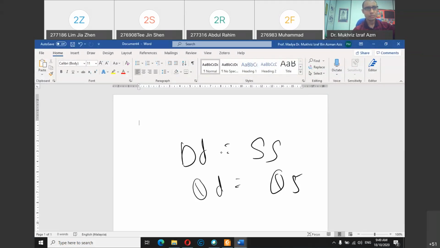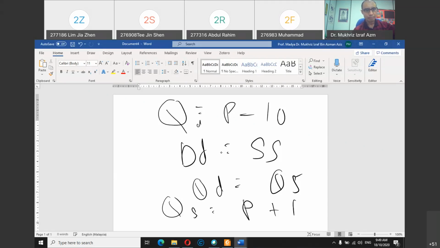So that's why usually in economics we put Q as a function of price. P minus 10, this is for demand. Then for supply, it would be QS, P plus 10 plus 15, for example. So usually you will see Q as a function of price, whether for demand or for supply.